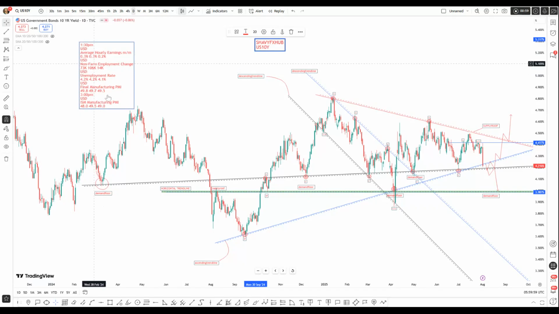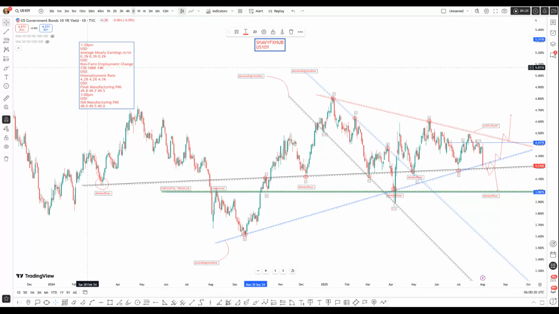So we have seen what happened on Friday, after average hourly earnings stayed the same and non-farm employment change disappointed us. We have seen what the market did. The market reacted immediately, and the yield dropped drastically.